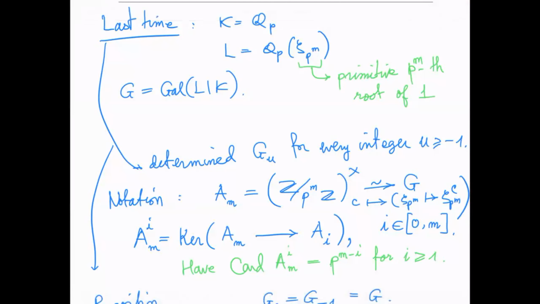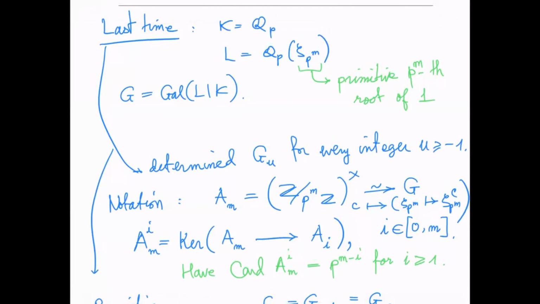So what we did last time was this ramification filtration, the lower numbering, the upper numbering.